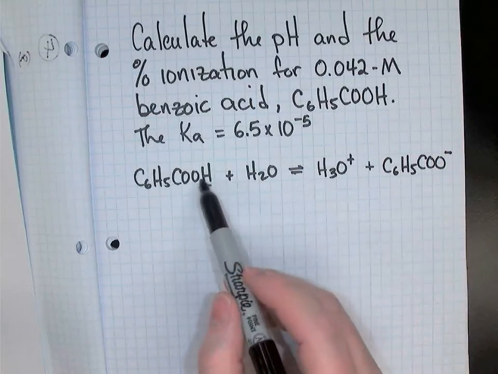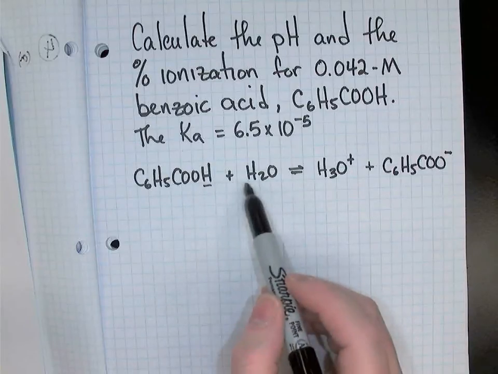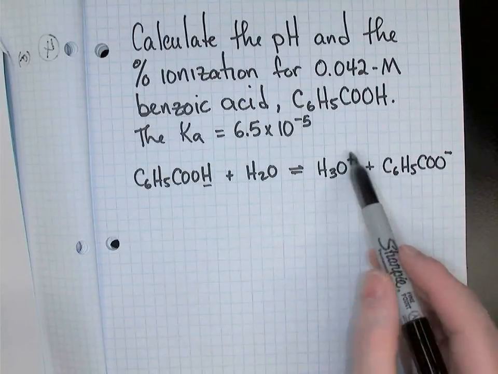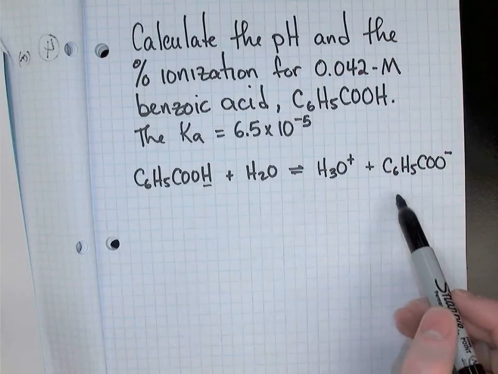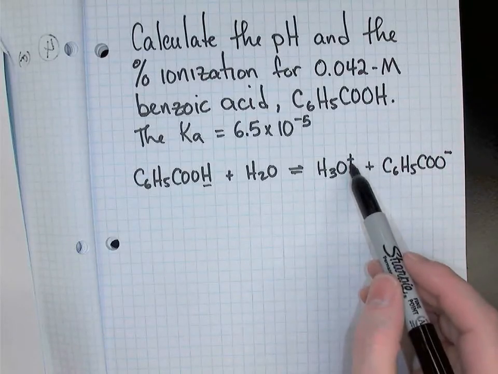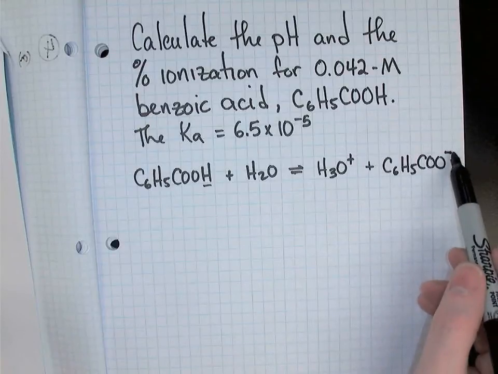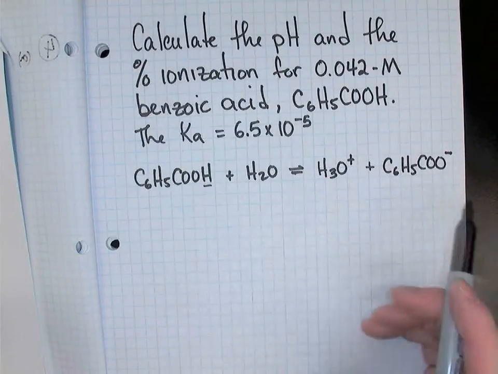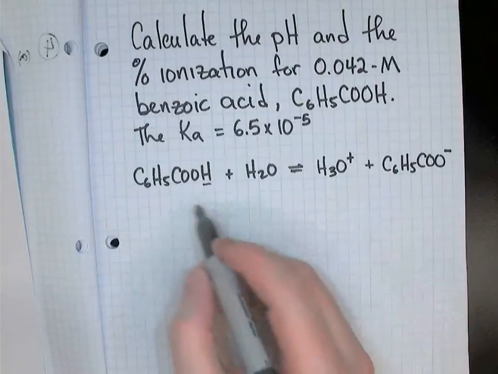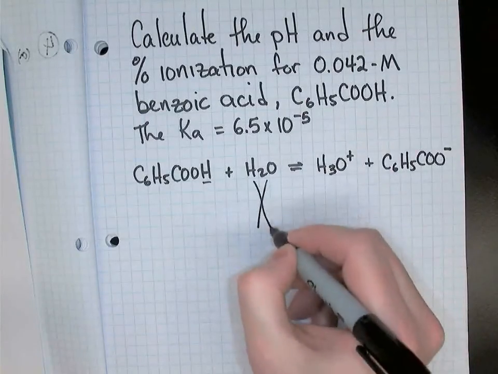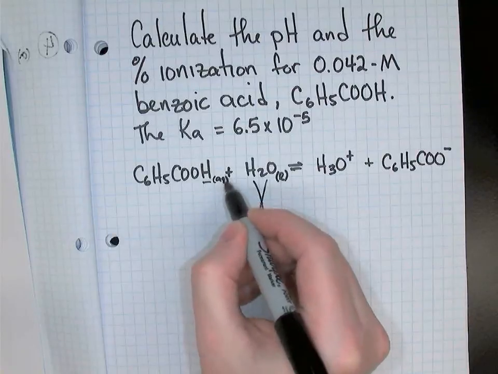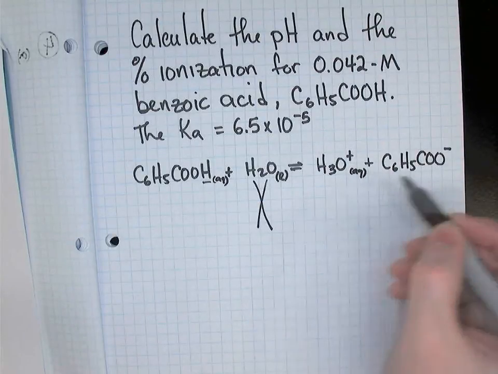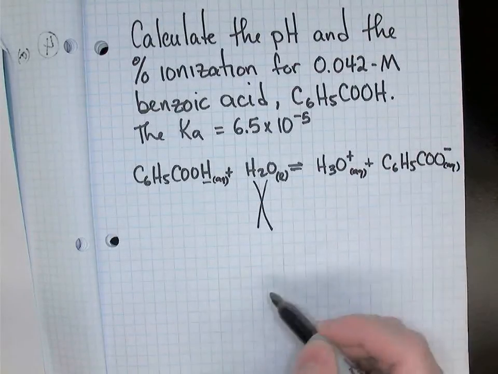Another way to look at it is that everything on the left was neutral, but on the right we had a positive. So we have to make the charges the same on both sides of the equation. So if there's a positive here, there has to be a negative here, so that both sides will be zero in this case. Now, the water is liquid. If you want to put the phases in, it's a liquid. Everything else is in the water, so everything else is aqueous.